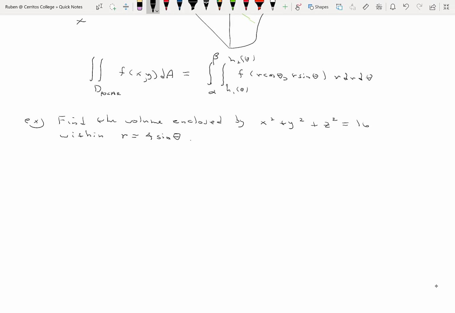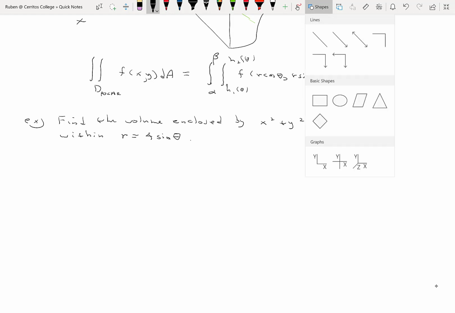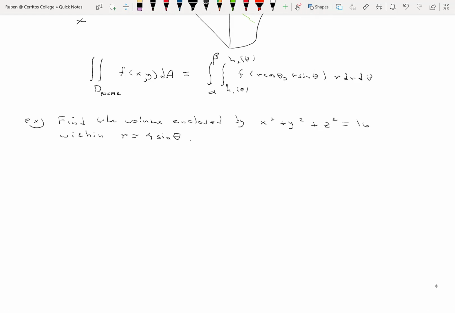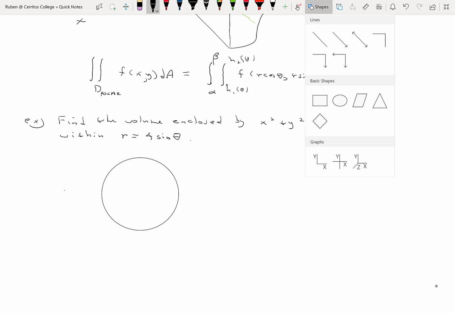The polar equation r equals 4 sine theta happens to be another circle, but the circle is not centered at the origin. This changes things kind of dramatically for us. Although that it's actually a circle is not terribly important here.